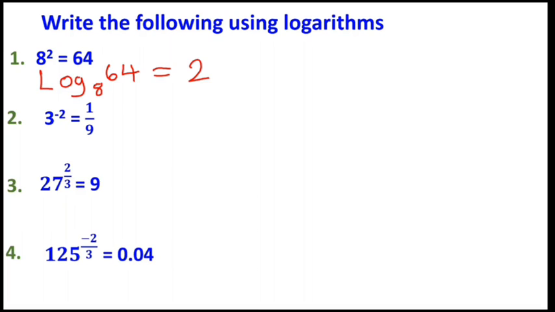So we write this as log base 8 of 64 is equal to 2. For number 2, I'm going to write it in this space here. The base is 3, so I'm going to take the log of the base, which is 3. The number is 1 over 9, and the exponent is negative 2. So this is how you convert numbers into log form.